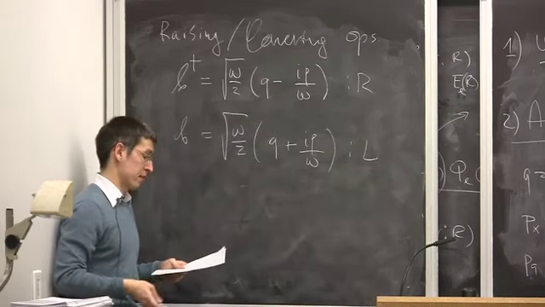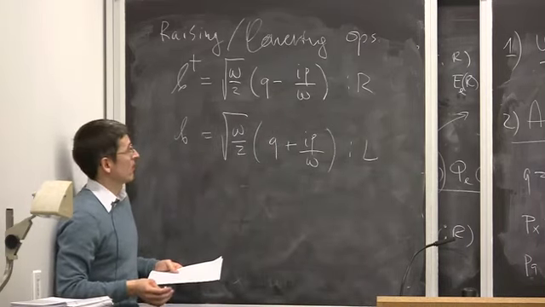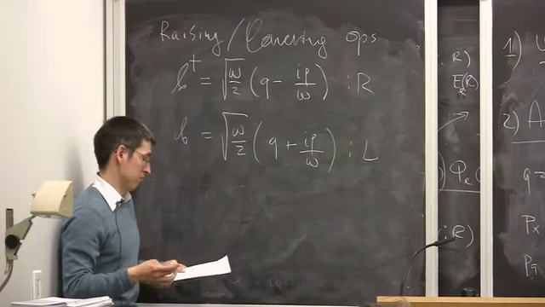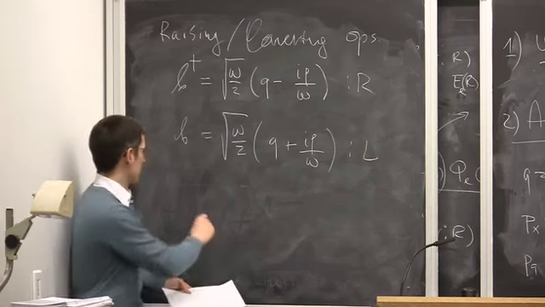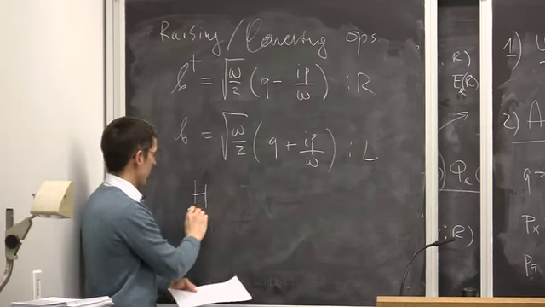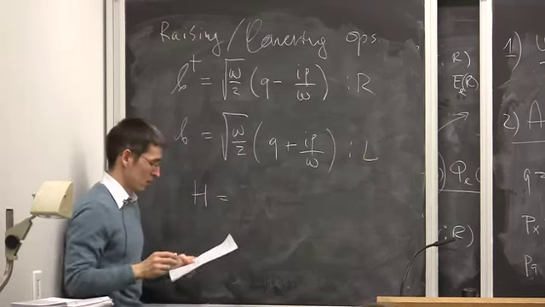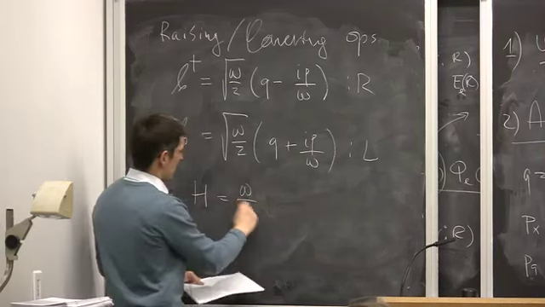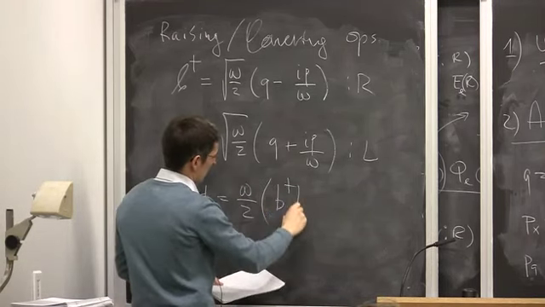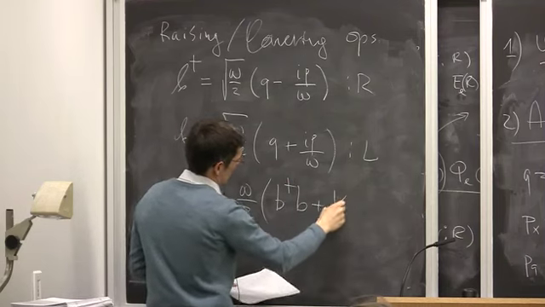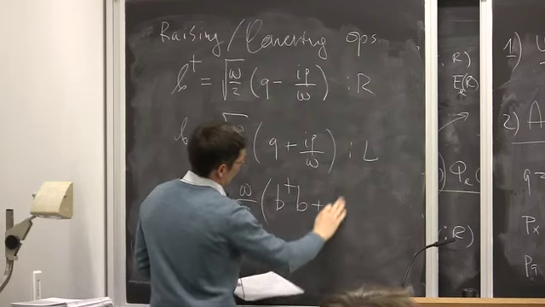So these are operators, and they may be slightly intimidating looking operators, but it turns out you can actually write the Hamiltonian using these operators in the following form.